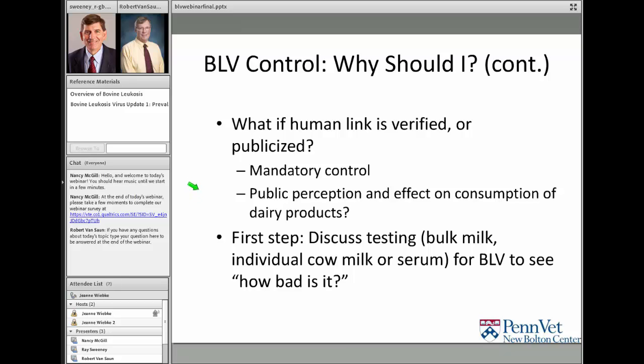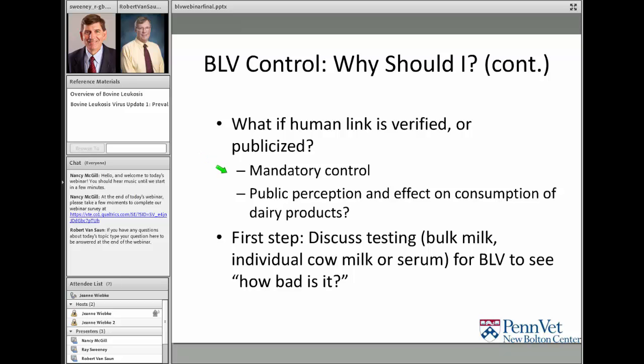And then finally, what if you aren't perceiving an economic impact in your herd? If the human link is verified, which that article I showed you comes pretty close to verifying, but if that becomes general public knowledge or if public fears are stoked, then clearly consumer confidence in milk and other bovine food products, meat, is going to be eroded.